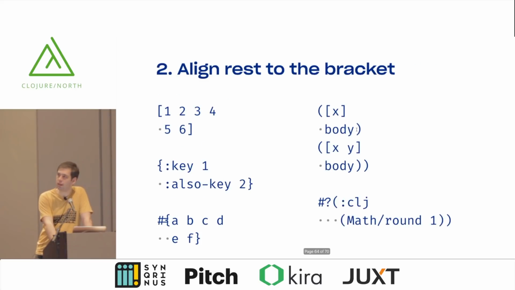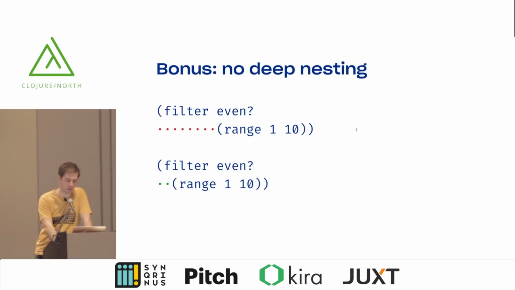One bonus that it adds: because we don't use this format of aligning forms to the argument, like this is the Clojure style guide on the top, and we just use 2 spaces now, we don't have this problem of nesting getting really far ahead to the right.